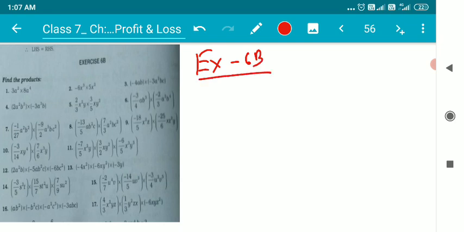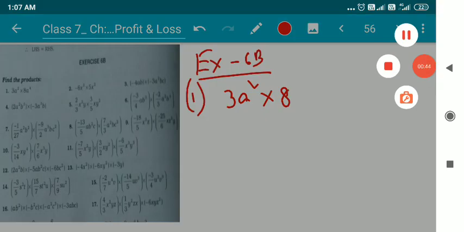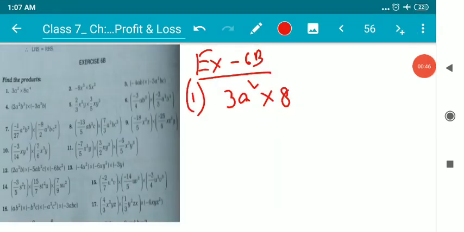question number 1. The question is 3a square into 8a to the power 4. Now, how to deal with this?